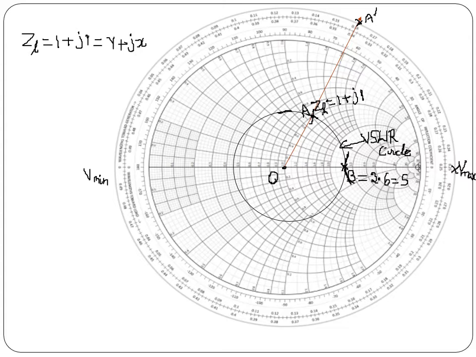So to find the first Vmax, I have to travel from the load end, that is A dash, towards the generator till the horizontal radius to the right of the chart center.